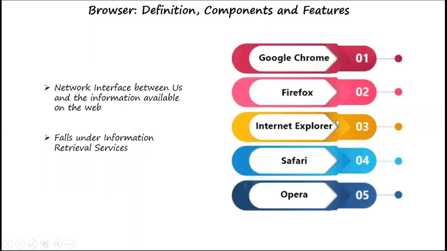These are some very popular browsers that everyone is using: Google Chrome, Firefox, Internet Explorer, Safari, Opera. So five major browsers, and the one that we would be using for this web development bootcamp is Google Chrome. There are certain reasons why we are using Google Chrome.